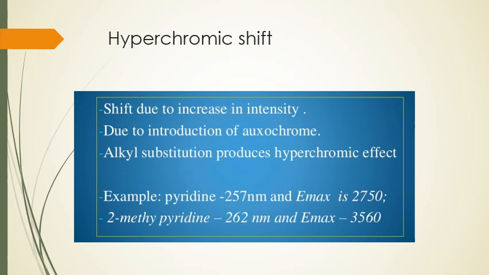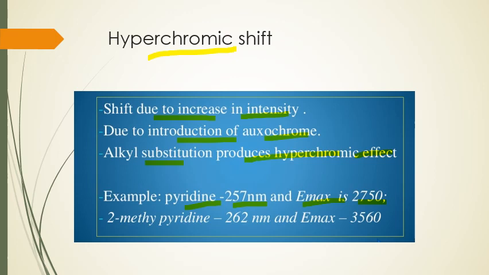The hyperchromic or the intensity shift is due to the increase in the intensity. It is due to the presence of the oxochrome or the introduction of the oxochrome. The alkyl substitution produces the hyperchromic effect. For example, here the pyridine has 257 nanometer lambda max and its intensity is 2750.